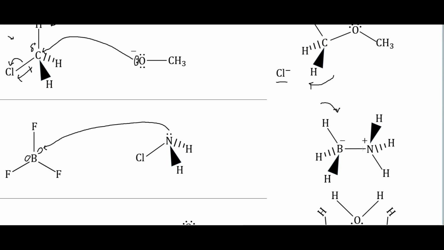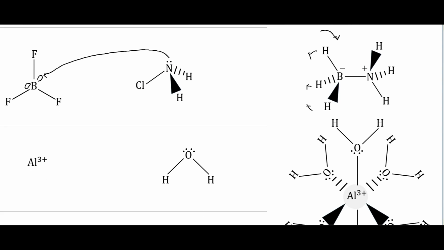The nitrogen has donated its electron pair, and the trigonal planar geometry of these fluorines has now been pushed over like this, so now it's a tetrahedral structure on the boron there. Obviously this whole molecule is not tetrahedral, but just looking at the boron, the geometry on the boron is tetrahedral now.